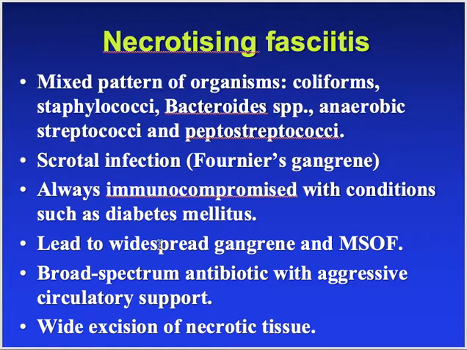There could be crepitus, and if it is not treated in time, it can result in widespread gangrene. Now the important thing to know here is how we treat that. We treat them with broad spectrum antibiotics with aggressive circulatory support, and excision of all the necrotic tissue is important. So this is how necrotizing fasciitis presents.